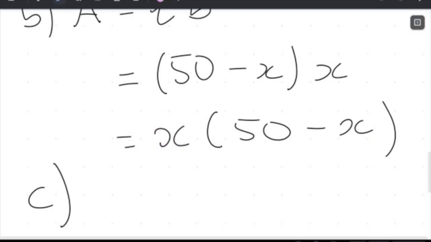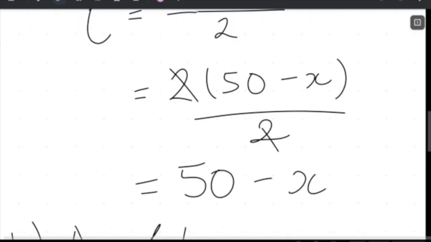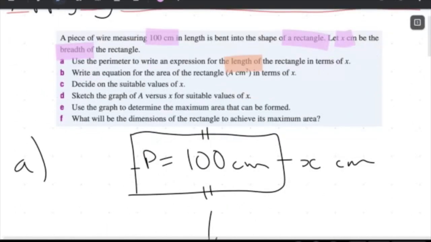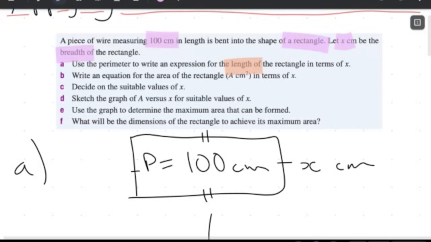Now for part C, we want to decide on suitable values for x. Here is where context is important. Because this is a measurement question, what values can x, for example, take on?